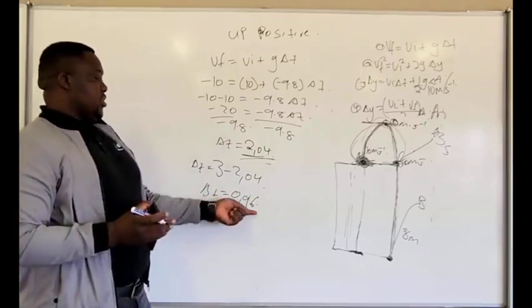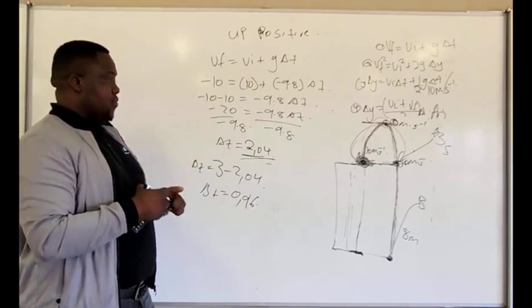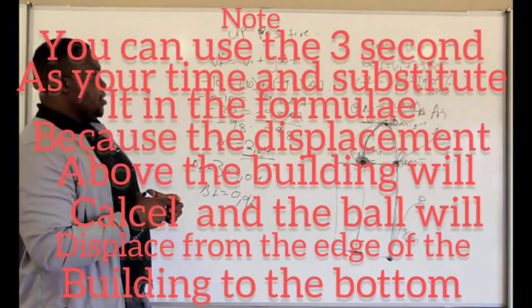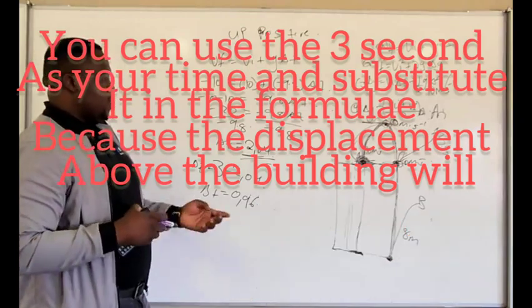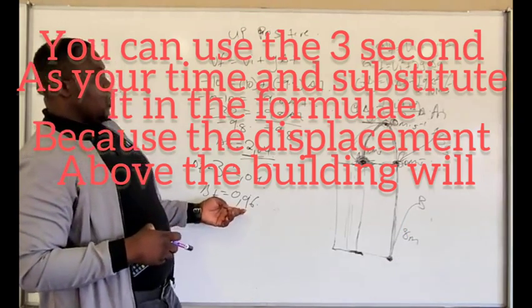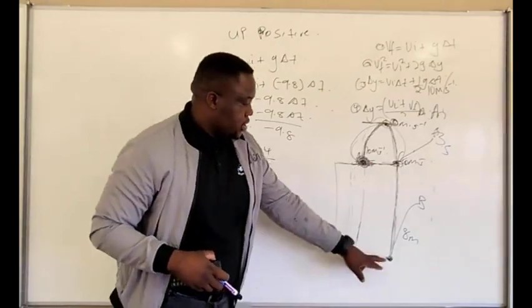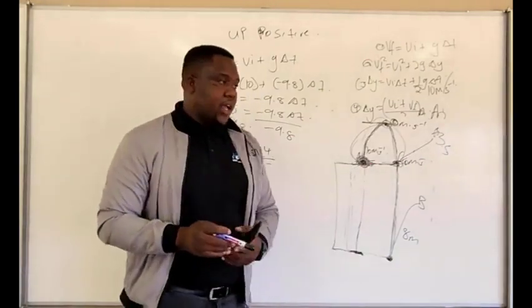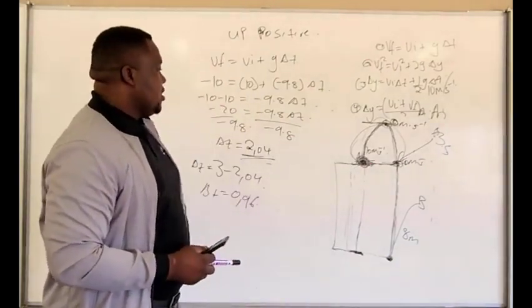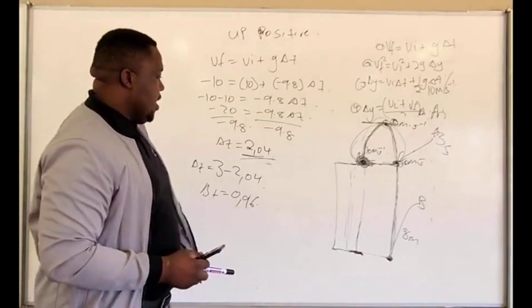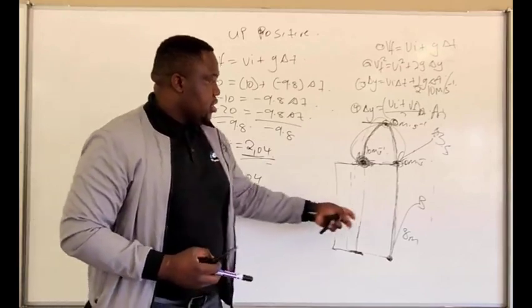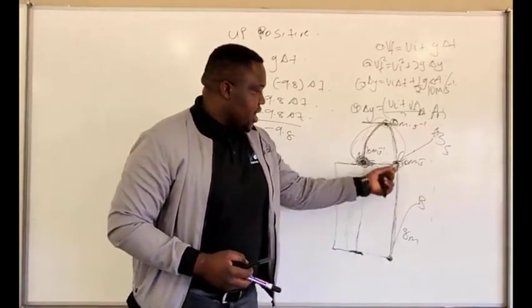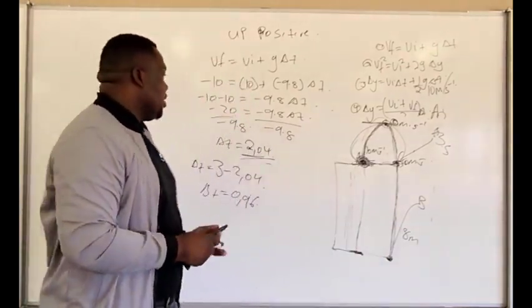So we're going to use 0.96 as what? As our time. 0.96, it is going to be our time at which the object moves from this edge until this point. Okay, so now let us calculate the height of the building.